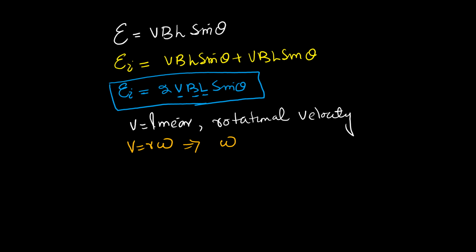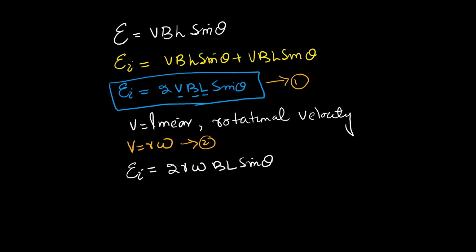Suppose this is equation 1. We can incorporate the value of linear velocity from equation 2 into equation 1. So we can get induced EMF in the AC generator as 2R omega into BL sine of theta.